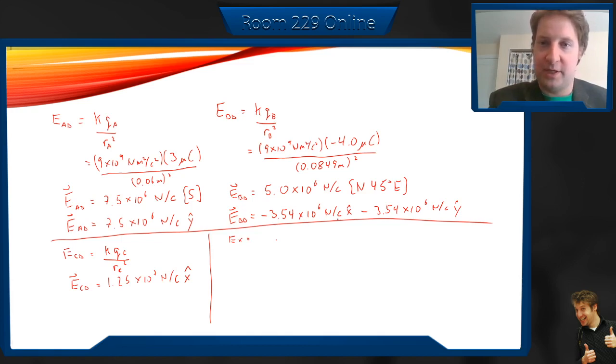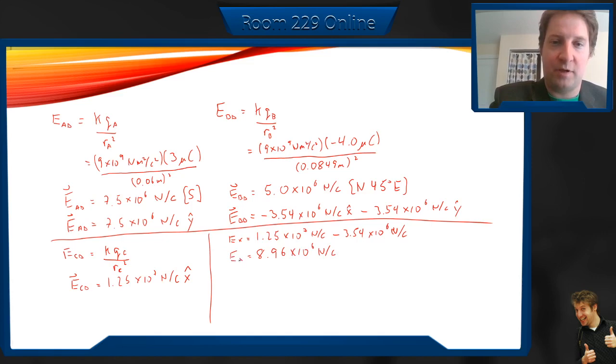I have an x component here, and I have an x component here, so it's going to be 1.25 times 10 to the 7 newtons per coulomb, take away 3.54 times 10 to the 6 newtons per coulomb, which gives an answer of 8.96 times 10 to the 6. So that's going to be the x component of my final electric field.